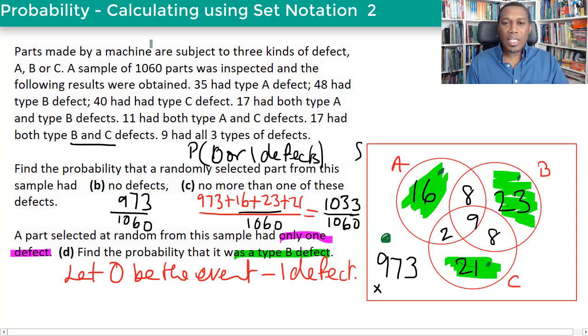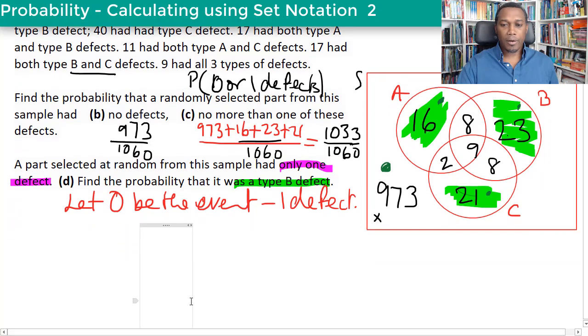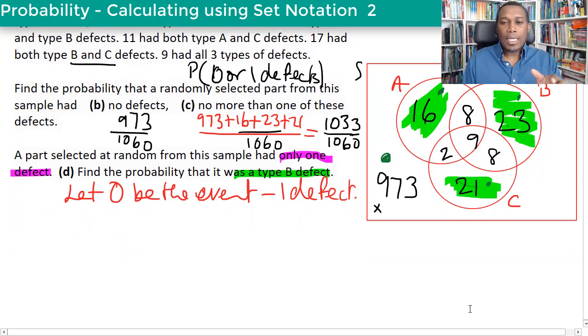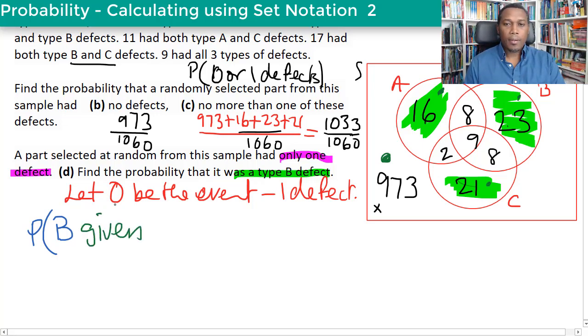So the way we want to think about this, which will allow me to generate the general formula for conditional probability, is to find the probability that it was of type B. So the probability that we pick a part of type B given that it is of type O, and type O in this case means it has one defect.